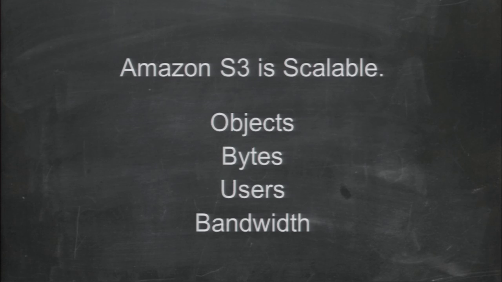Some of you may not have a lot of objects, but you have really large objects, and so your scalability might be bytes. Others of you probably have millions of users coming in and either putting data or getting data from S3. And then there's just this bandwidth thing. Are you moving lots of bytes in, lots of bytes out of S3? These things all overlap, but they're all different dimensions of scalability.